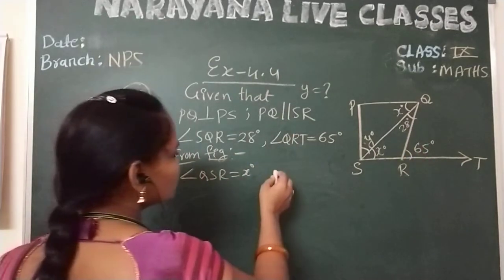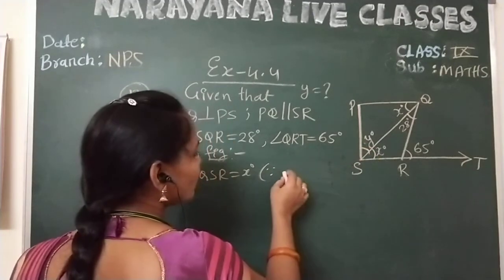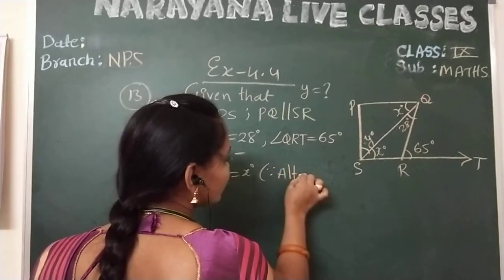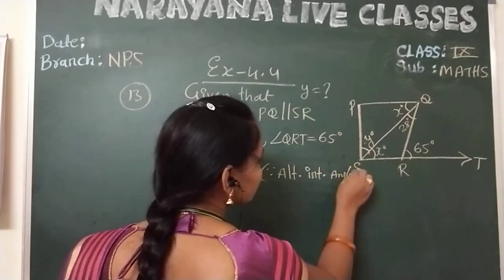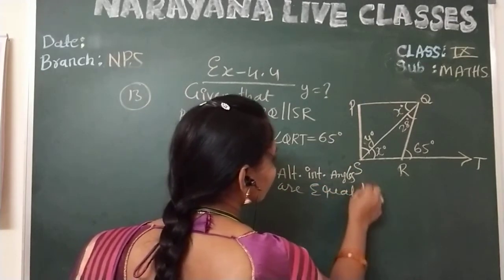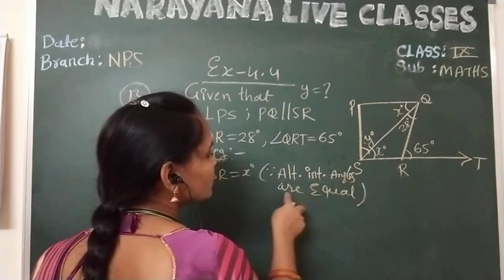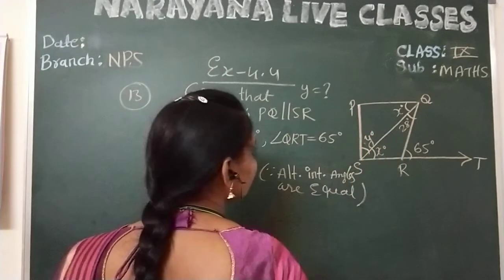I am writing this condition. We took alternating interior angles are equal, so I took this x, whatever angle is there.